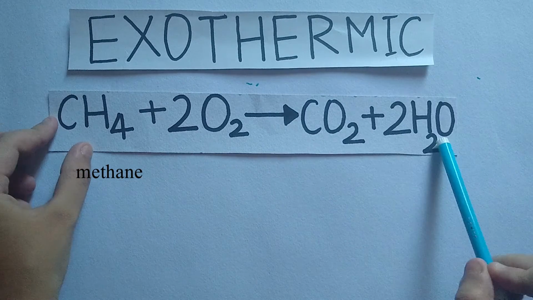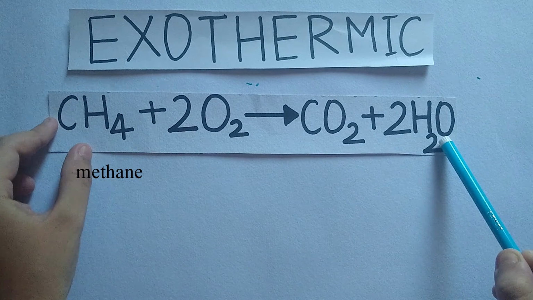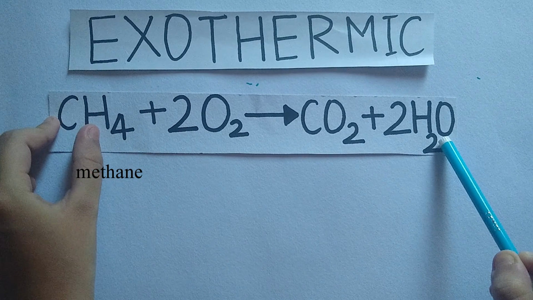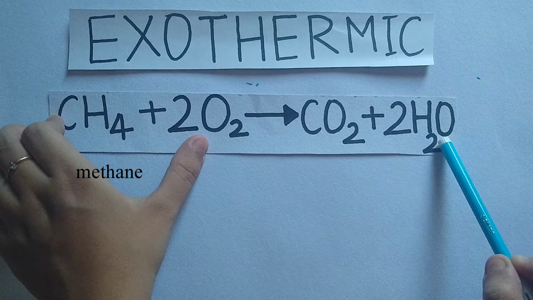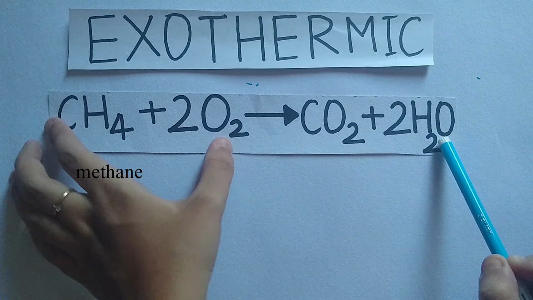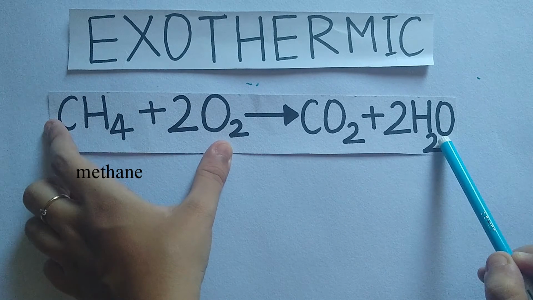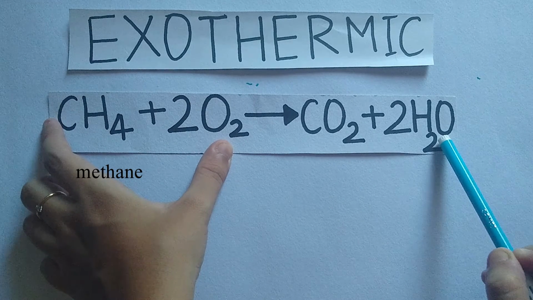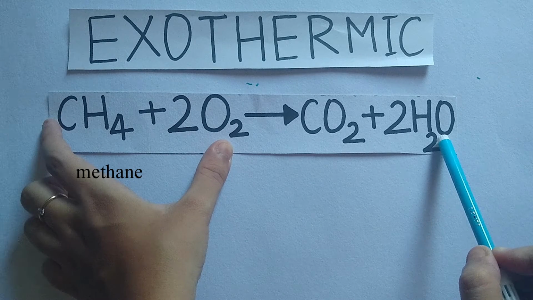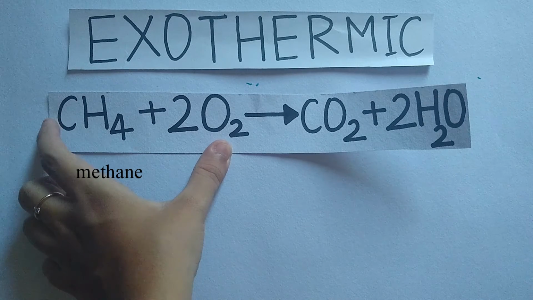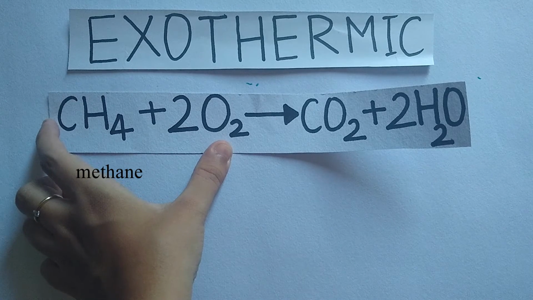So now, why do you think this is an exothermic reaction? Methane is being burnt in air, alright? Because we're burning natural gas, it might run your auto rickshaws or your vehicles, because they might run on natural gas.